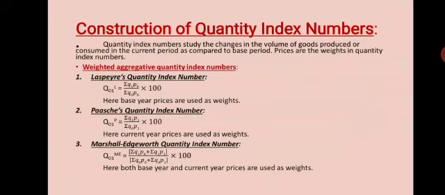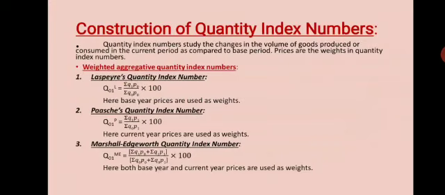Then the second method is Paasche's quantity index number. The formula is Q01 of Paasche's, which is equal to summation Q1 P1 divided by summation Q0 P1 into 100. Here current year prices are used as weights.